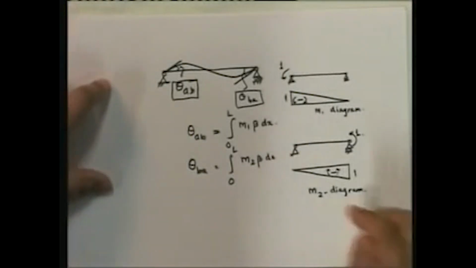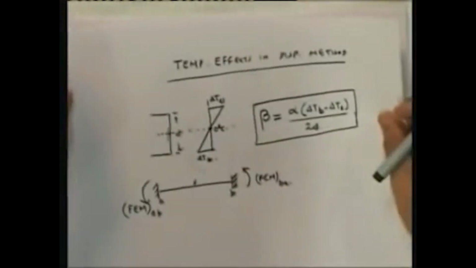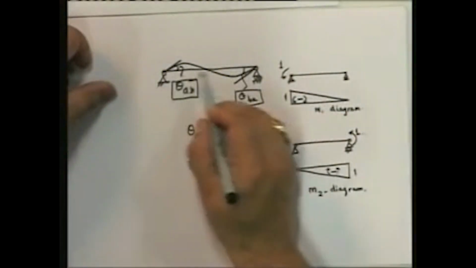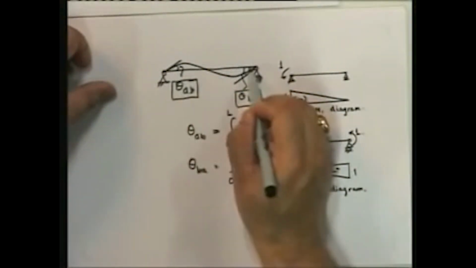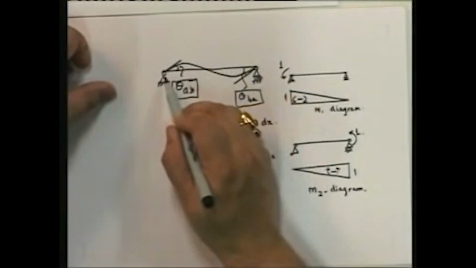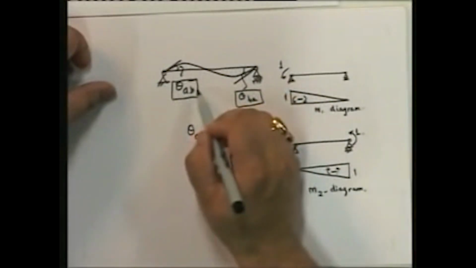And therefore, now I'm going to assume the situation that everywhere along the length of the member, the top fiber sees delta T top, and the bottom everywhere sees delta T bottom.